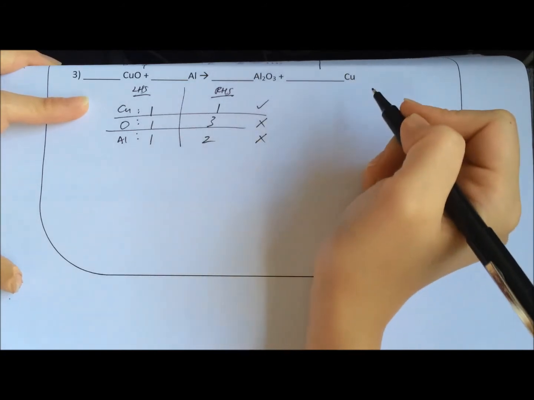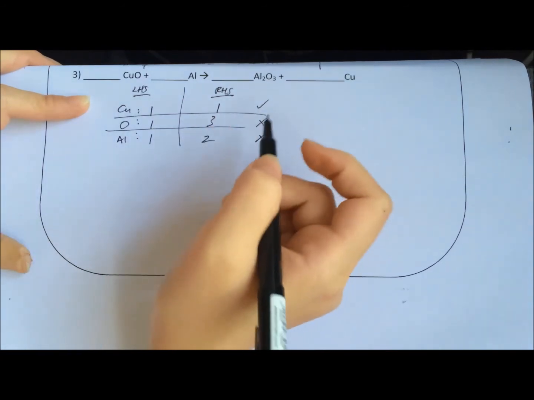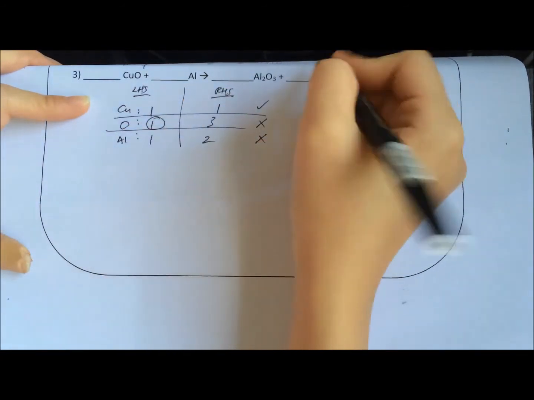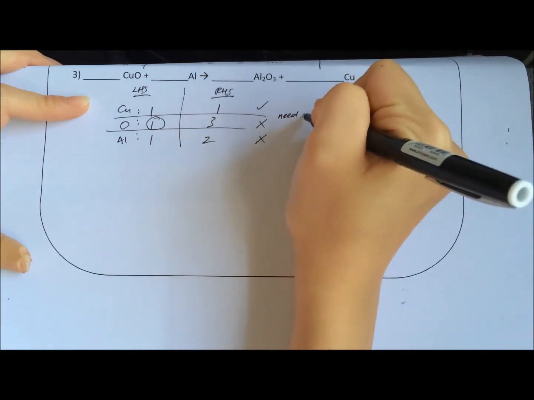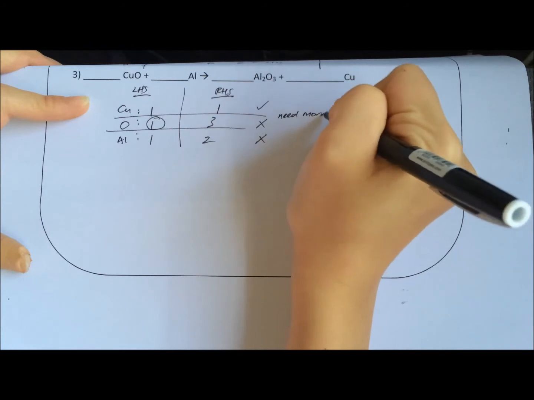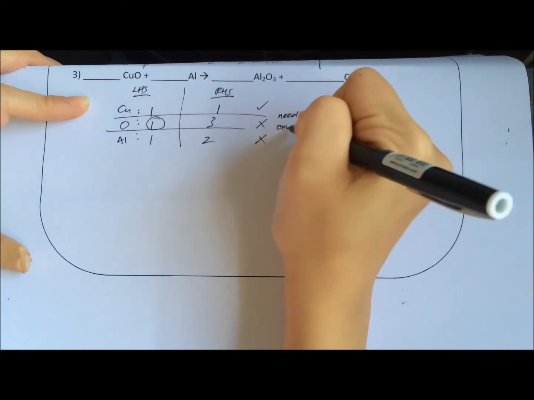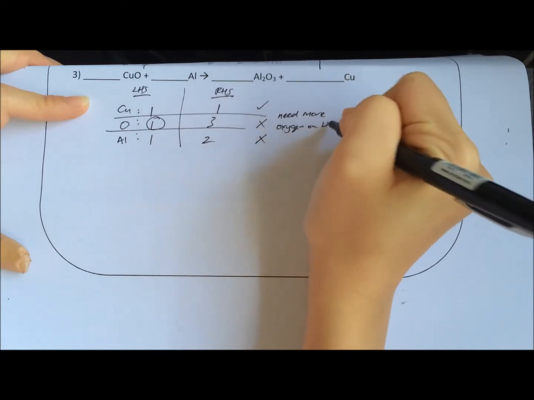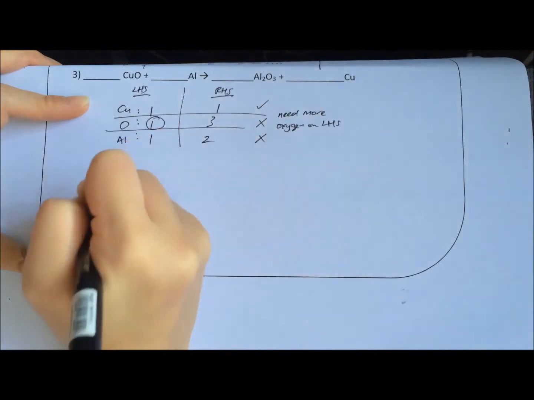So we just choose one first. In this case, we will choose to look at oxygen first. So oxygen needs more on the left hand side.